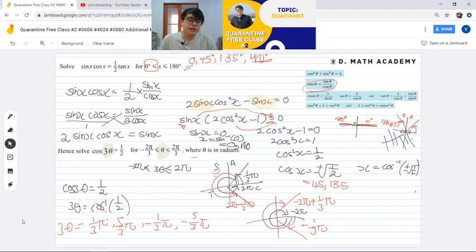So you're required to divide everything by 3 again, because this is for when it is 3 theta. So your final answer will be plus minus 1 over 9 pi and plus minus 5 over 9 pi.